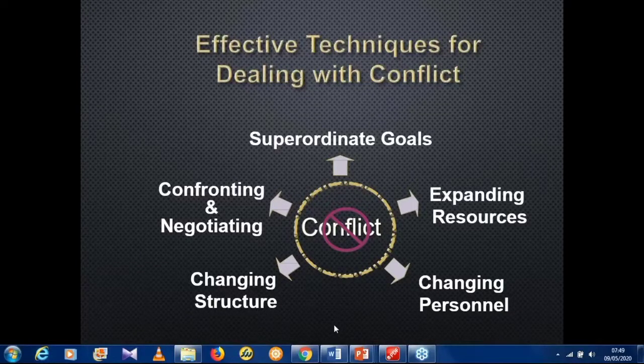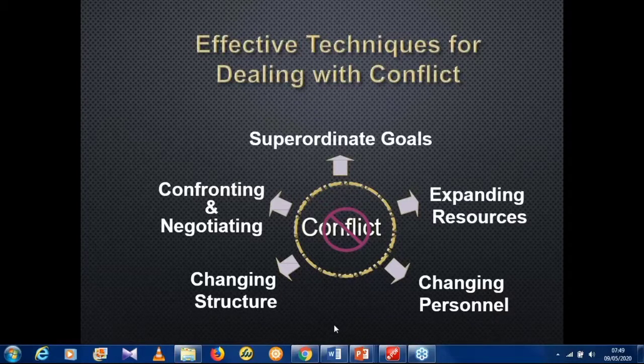All right, those who are always pessimistic, you have to change such personnel and bring in personnel who have the goal of the organization at heart and are driven by the same passion.